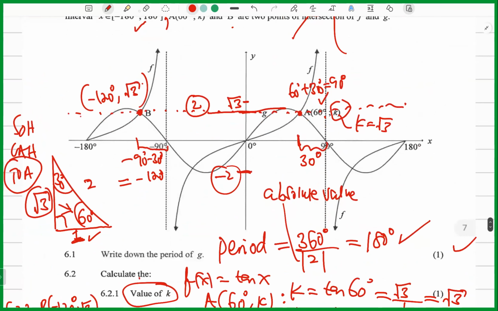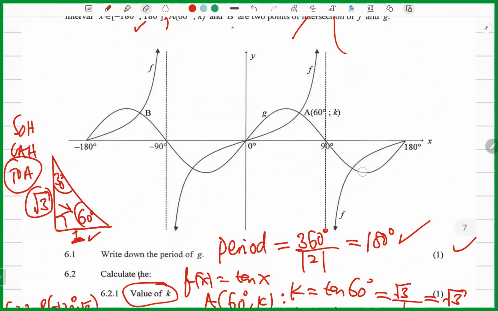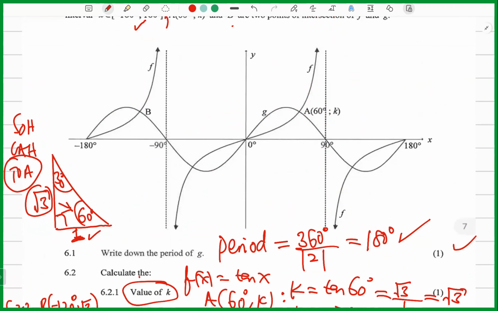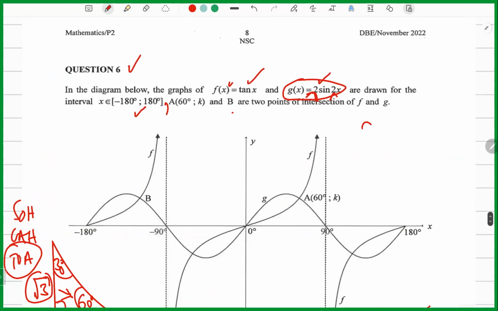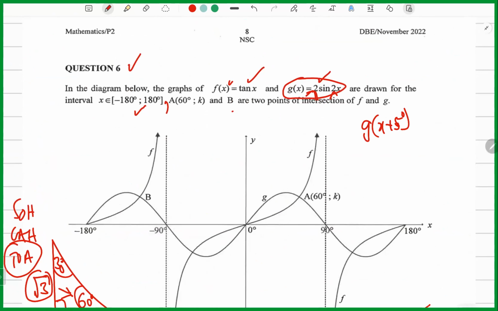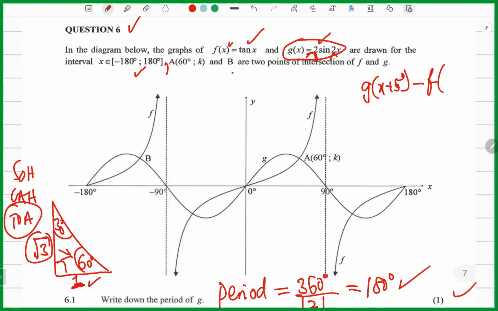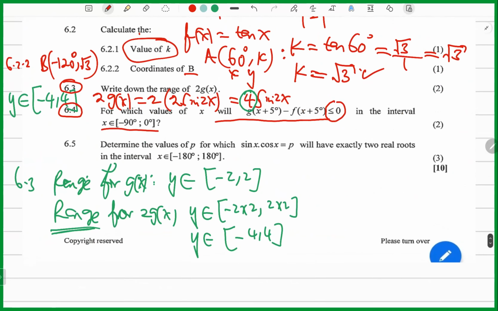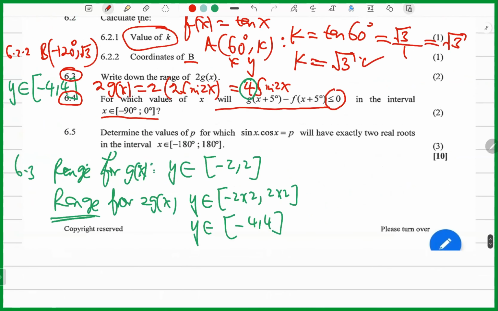So we're going to have g of x plus 5 minus f of x plus 5.